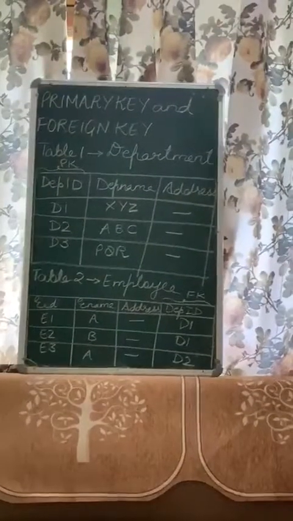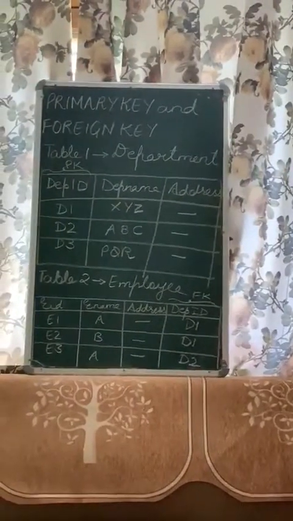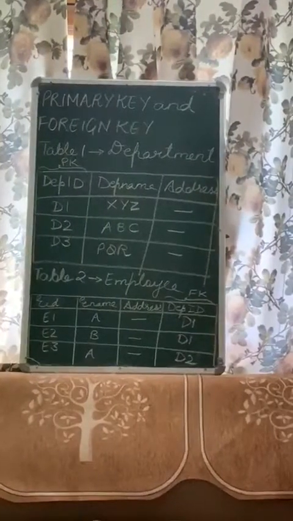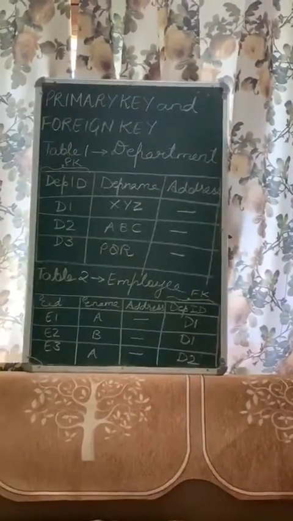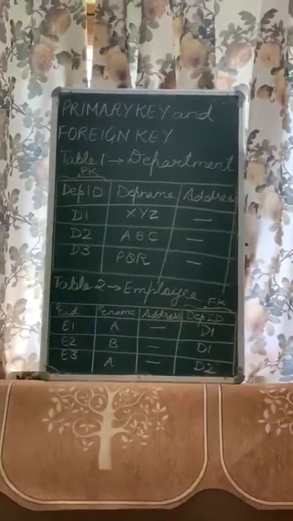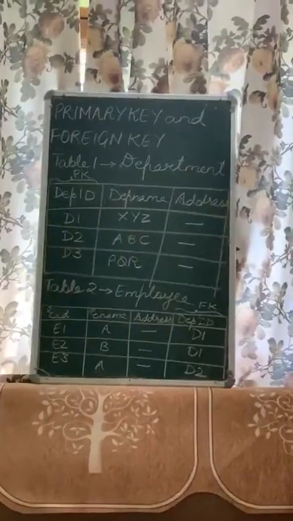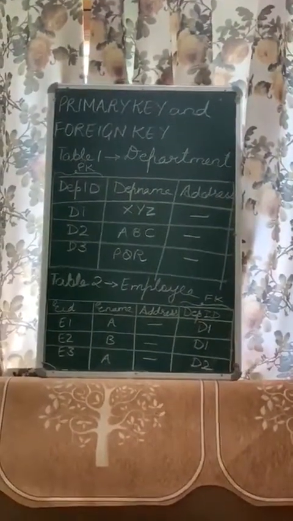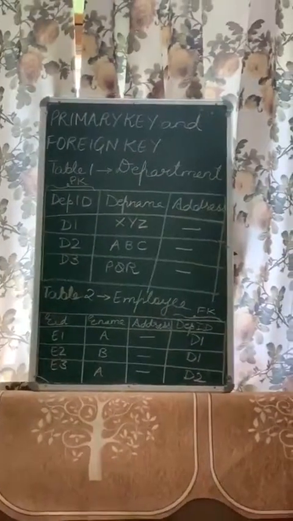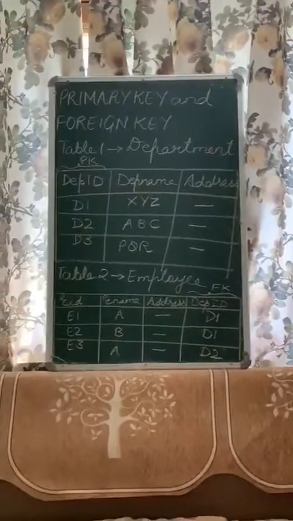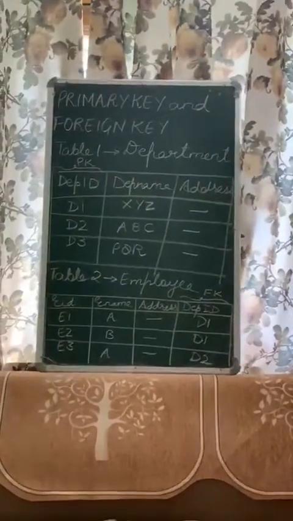Now in this department table, the department ID is unique. Every department will have a unique ID. Unique means it cannot repeat. It cannot be same, sorry. So department ID will be acting as a primary key.